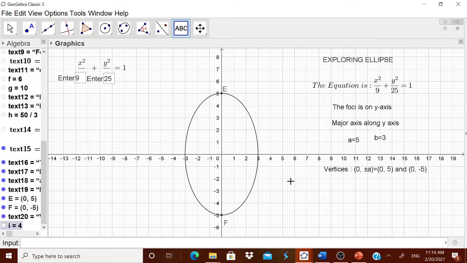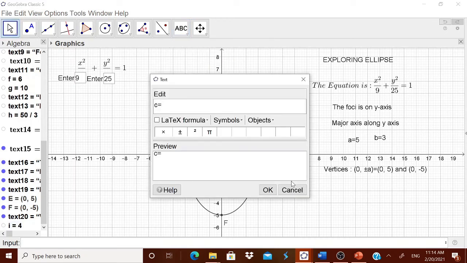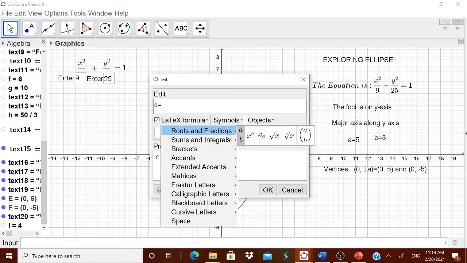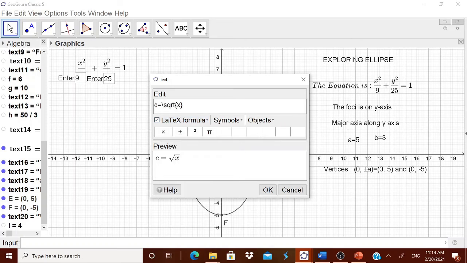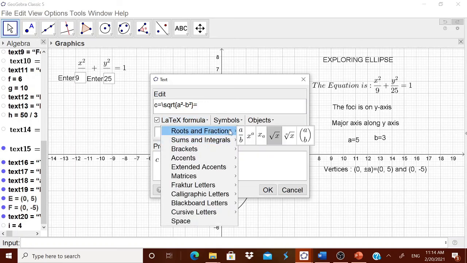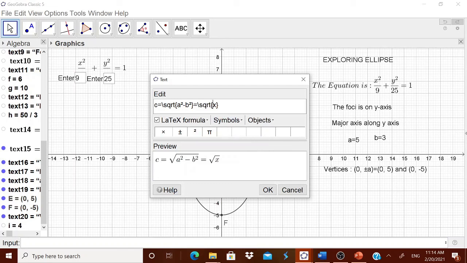Therefore c is equal to the same idea which you had in the previous one. It is a square minus b square, which is equal to, once again in the LaTeX formula, square root of. What is a square in this case? Be careful.